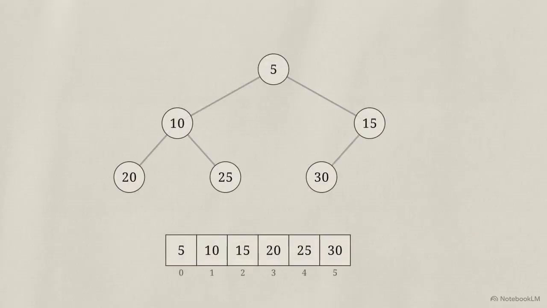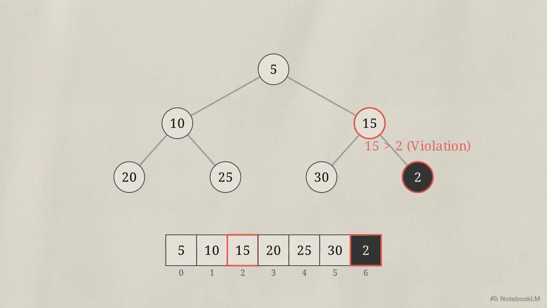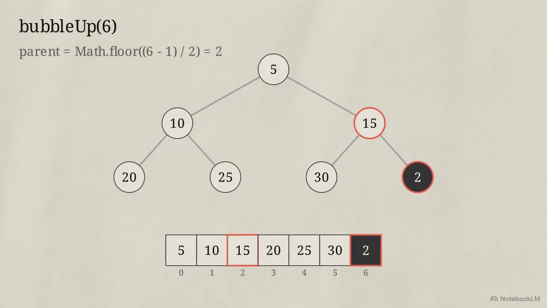Visually, this places the new value at the very bottom right of our implicit tree structure. This placement risks violating the core min heap invariant. Every parent must be smaller than its children. To correct this, we trigger the bubble up method. The method enters a while loop, executing that parent calculation to check the new element against the node directly above it.